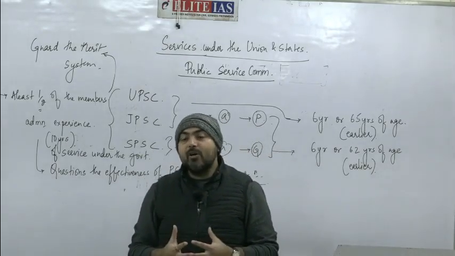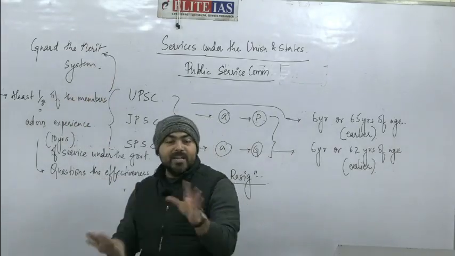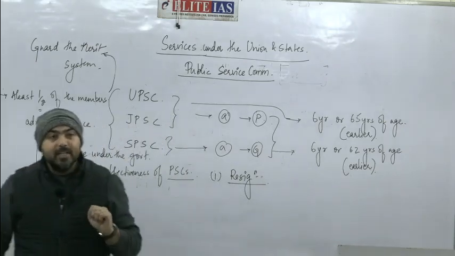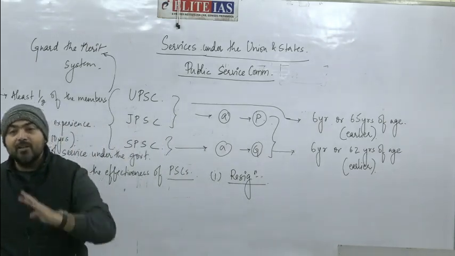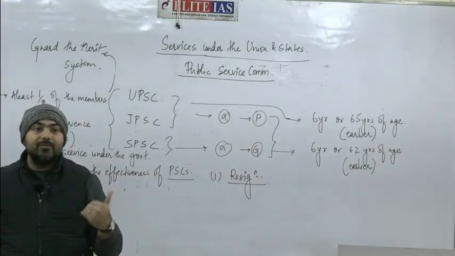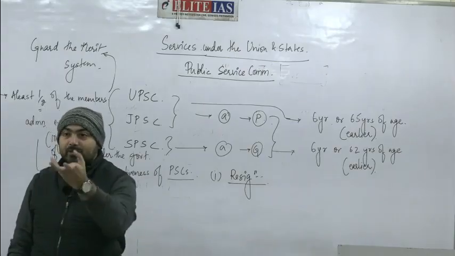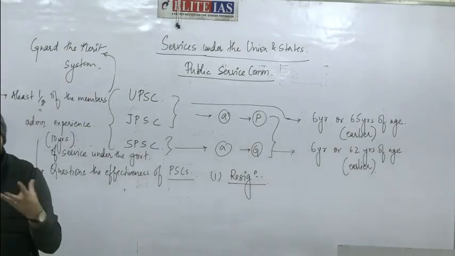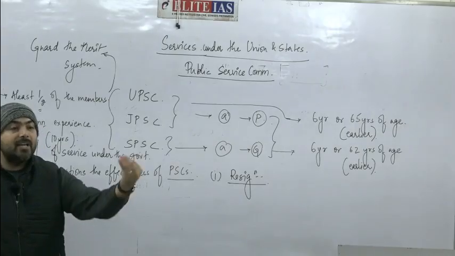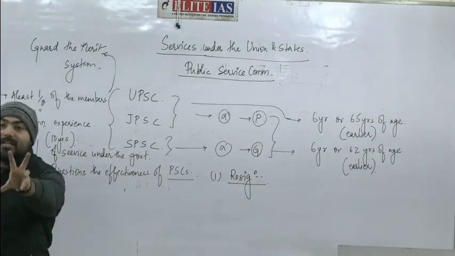Why? Because this office has to be independent. Merit system, so it has to be independent. If I indulge in a contract with the government, with the executive, obviously I have some economic or other interest. If that is the case, how can it be considered that this individual will act completely neutral?